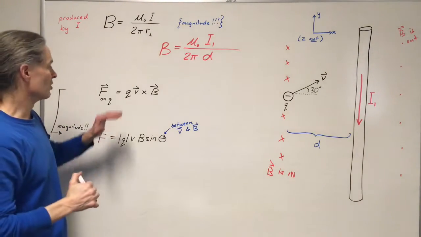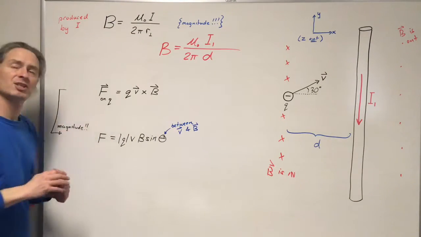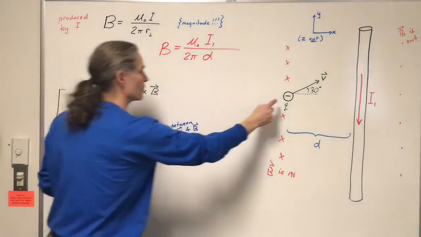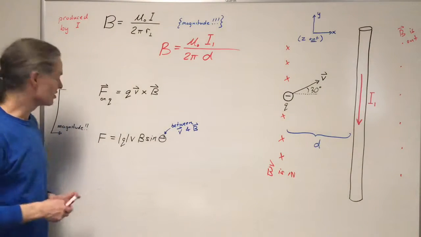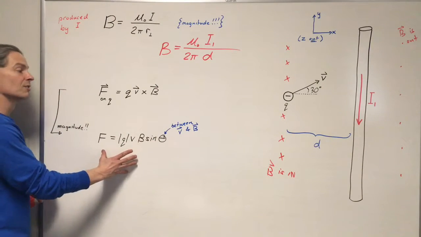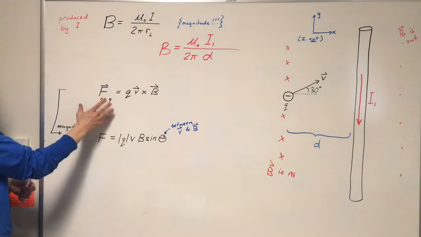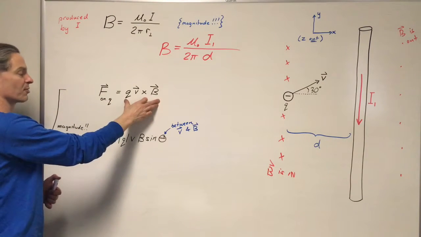All right, so let's plug this in. There are two things we need to consider. We need to consider the direction of the force on this charge, and we need to consider the magnitude of the force on this charge. To get the magnitude, we just take the magnitude of this cross product here.